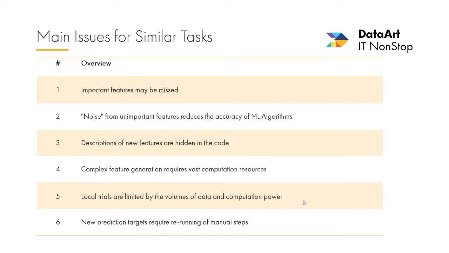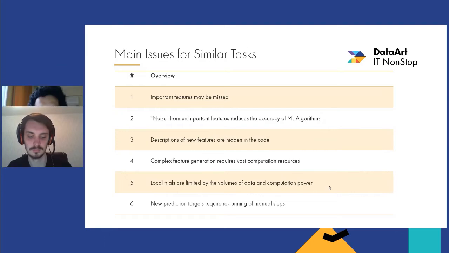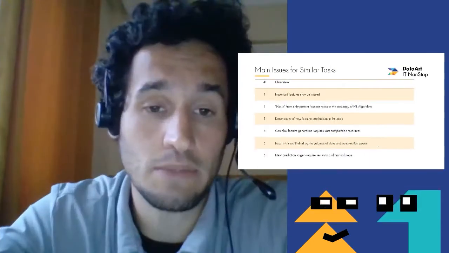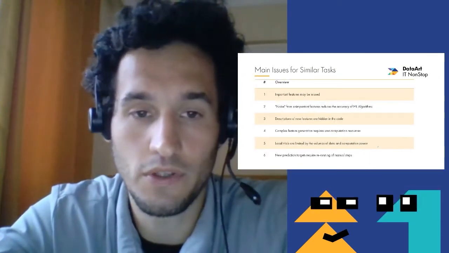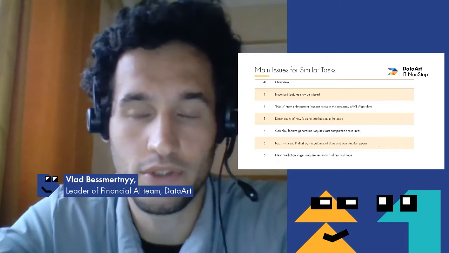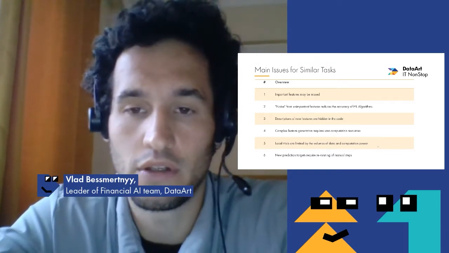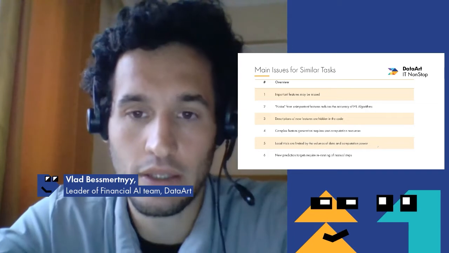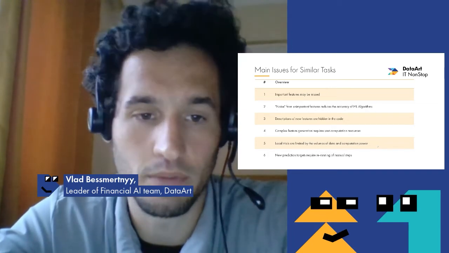On the other hand, we were creating a lot of noise, meaning useless features that are not helping the models. They can even reduce the scores, right? The next problem was that descriptions of the features were only in our POC code, so they were not clear to domain experts and they were not interpretable.